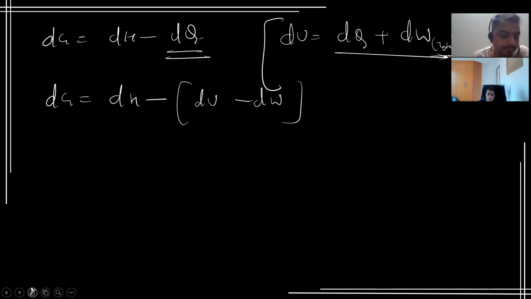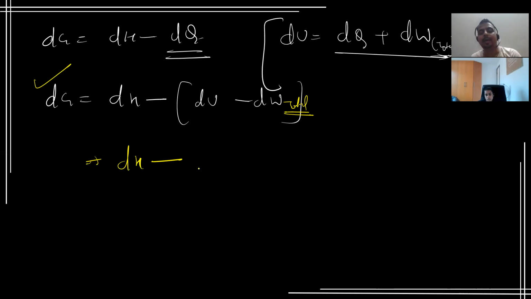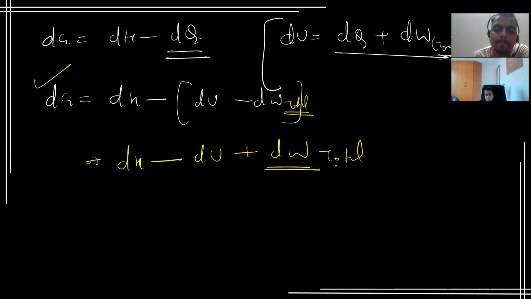Any doubt? No. Cool. Okay. Now dW, it's a dW total. So it will become dH minus dU, and minus minus plus dW total.